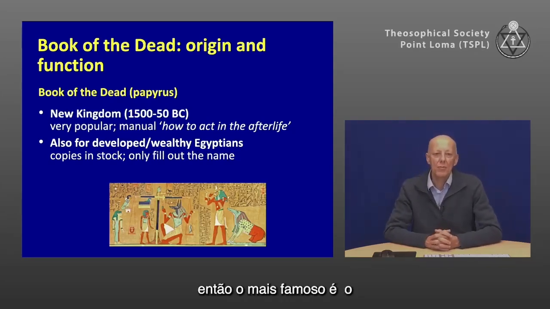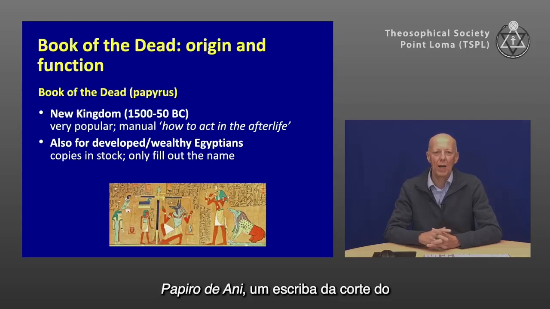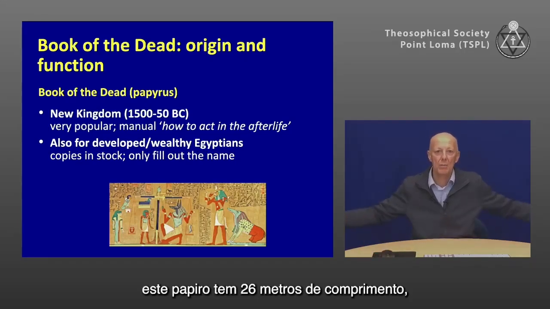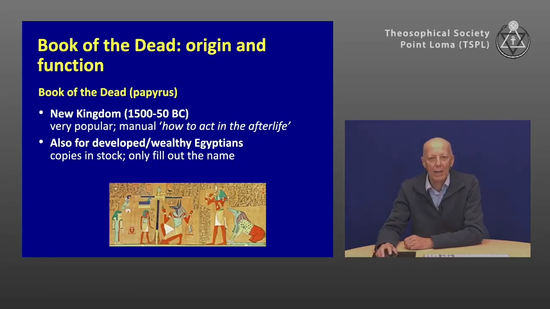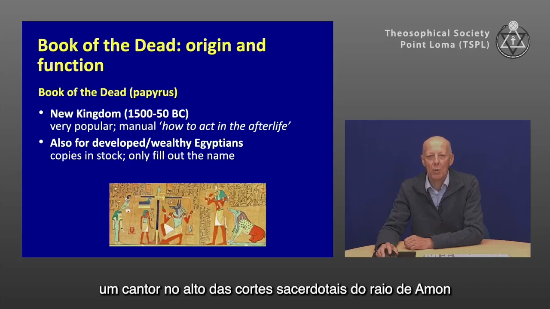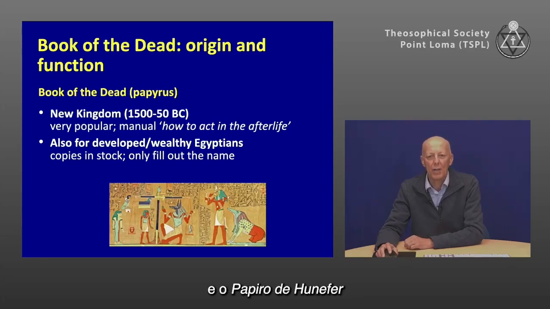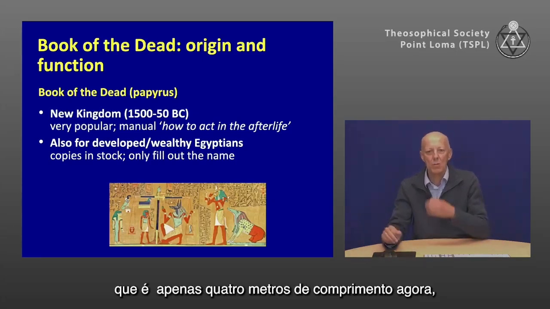Then the most famous one is the papyrus of Ani, a scribe at the court of Pharaoh. This papyrus is 26 meters long. Then we have also the papyrus of Anhai, a singer in the priestly courts of Amon-Ra, which is only 6 meters long, and the papyrus of Hunifer, which is only 4 meters long.